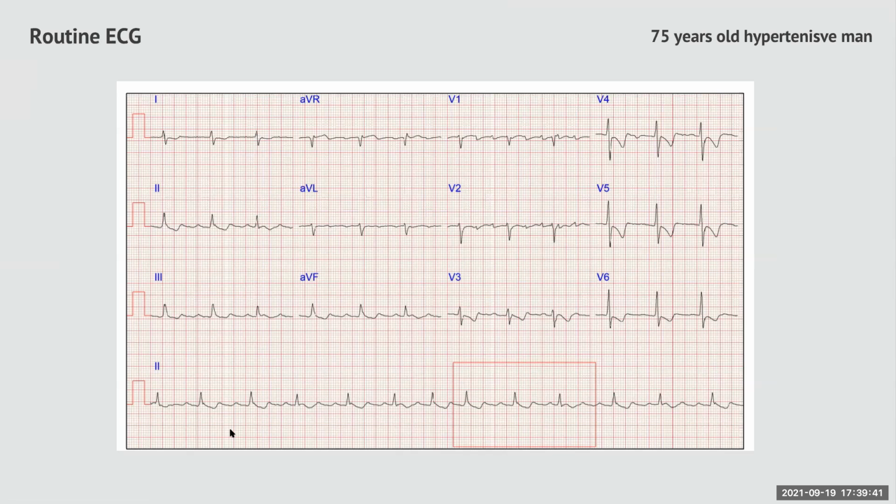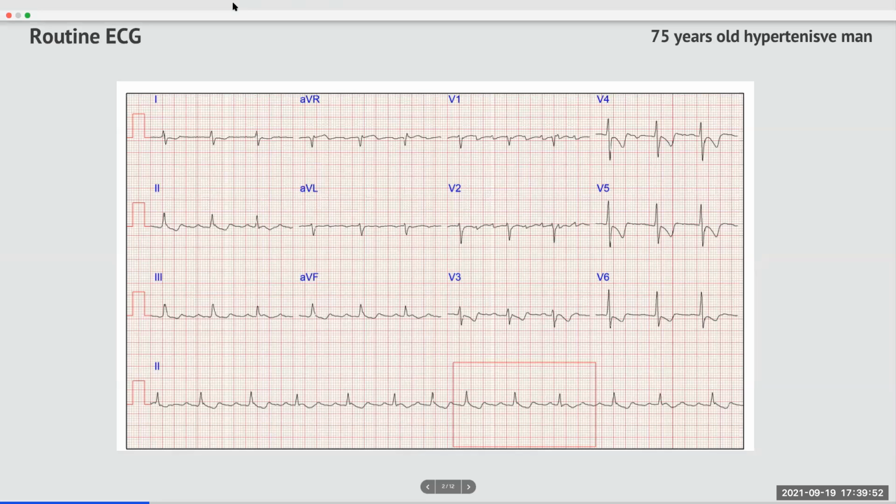Very good, atrial fibrillation is one. What are the other differential diagnoses of an irregularly irregular rhythm? Atrial flutter. Very good. Atrial flutter with variable block can also result in an irregularly irregular rhythm.